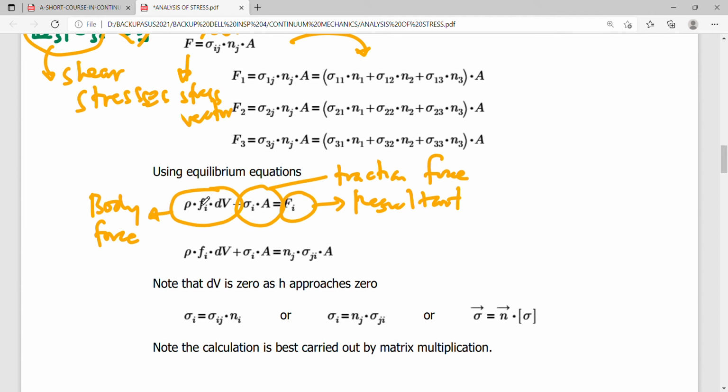Since we are on static equilibrium, we don't care about the inertia force yet. But when we go to dynamics, this body force will involve additional inertia force.